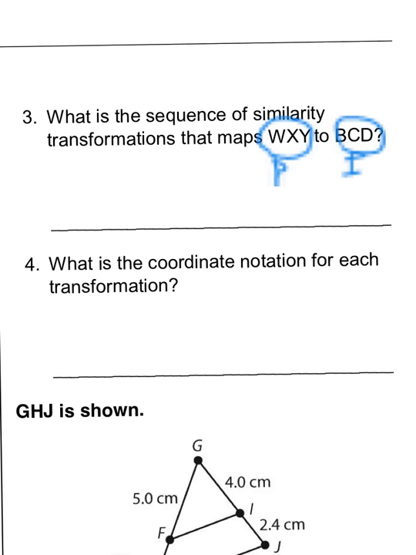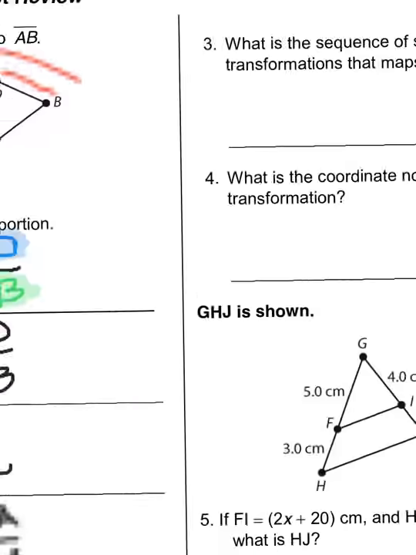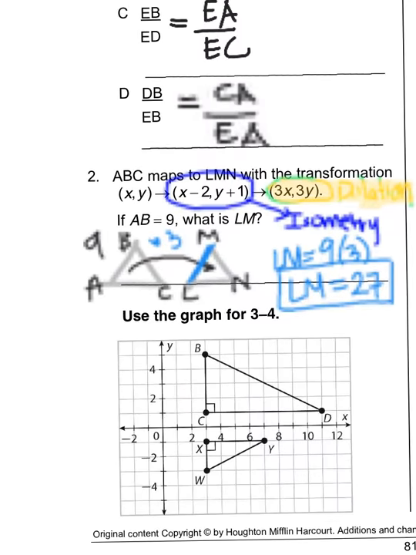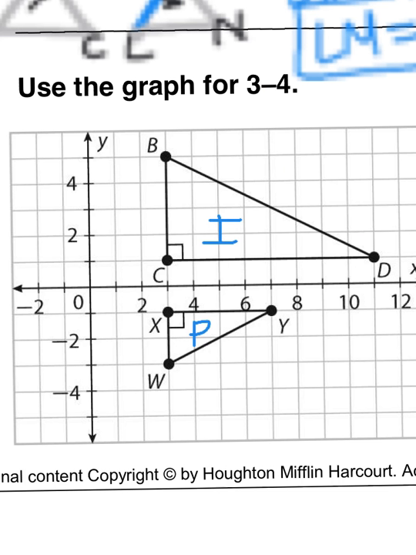So we'll need to come over to our diagram again and take a look at that. From marking the diagram, WXY is our pre-image and DBC is our image, which means that our pre-image happens first, and our image happens second.